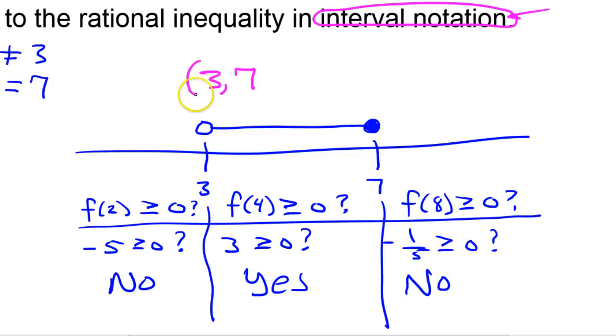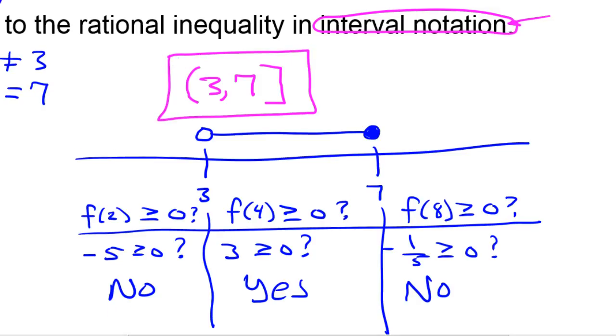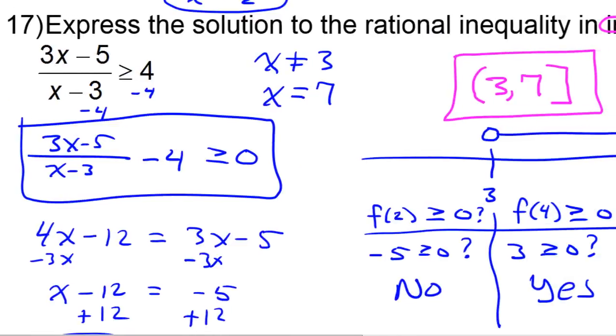I'll put a parenthesis on the 3 to show that it's not included, open circle, but I will put a bracket on the 7 because that's a closed circle, 7's included. So this would be the final answer. And that was number 17.